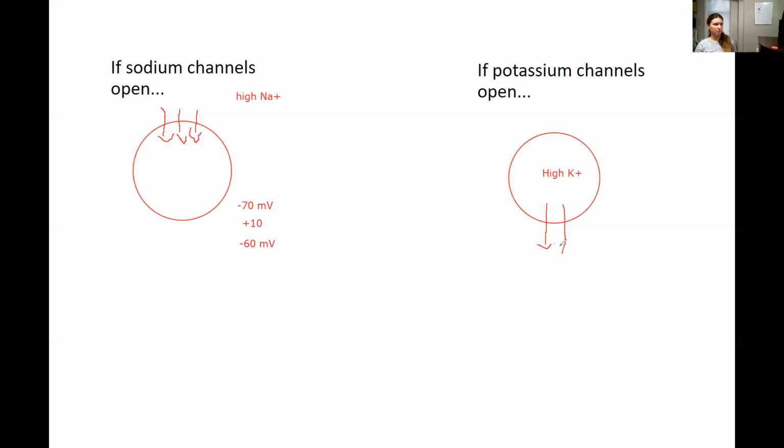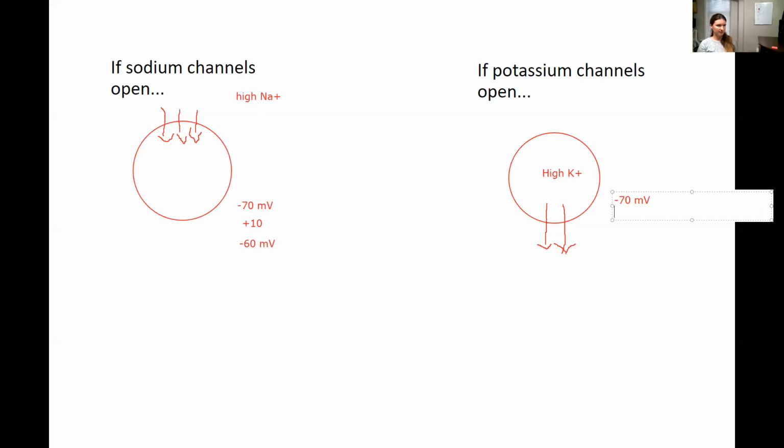I'm just going to draw two arrows here because this power of the sodium gradient is a bit stronger than this power of our potassium gradient because we already had a fair number of potassium channels. So we started out at negative 70 millivolts. Just for ease of math, we're going to draw the same number of charges leaving.